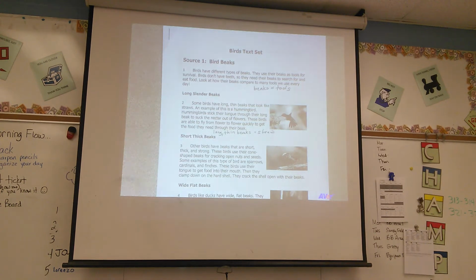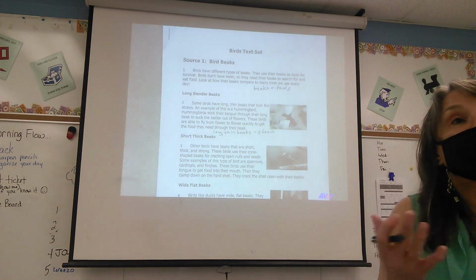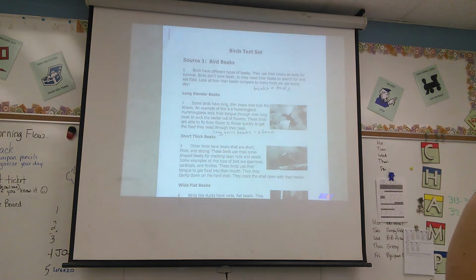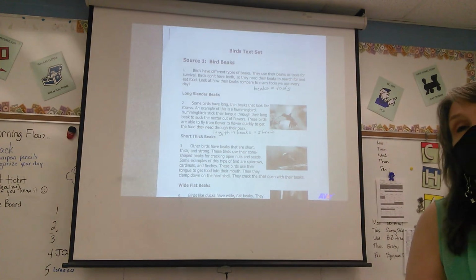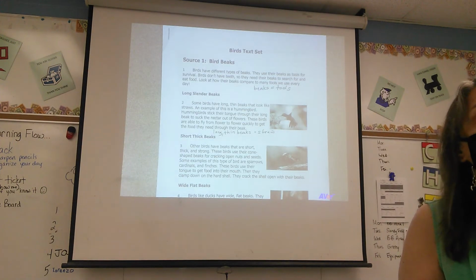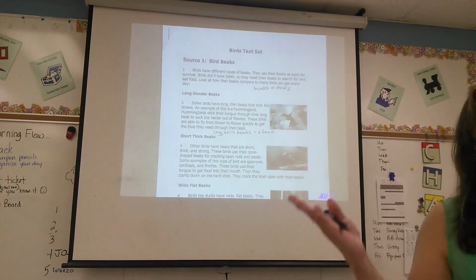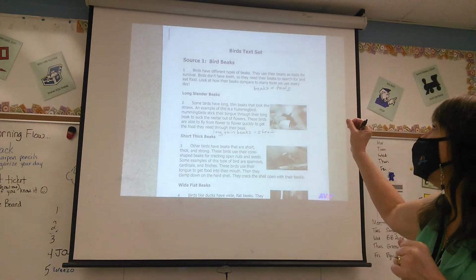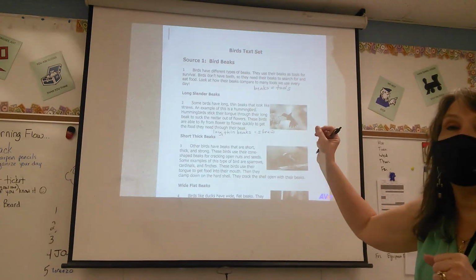To get food. So birds' beaks are designed to help them to get food, and obviously we know that we need food to survive, right? Plants, animals, humans, people, we can't survive without food. Okay, we cannot survive without food. So survival, food, and this specific source talked about the bird's beaks.